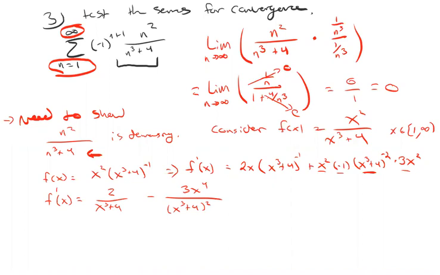Now I'm going to get a common denominator, so I'm going to multiply this term, top and bottom, by x cubed plus 4. So we have 2 times x cubed plus 4 minus 3x to the 4th over x cubed plus 4 quantity squared.